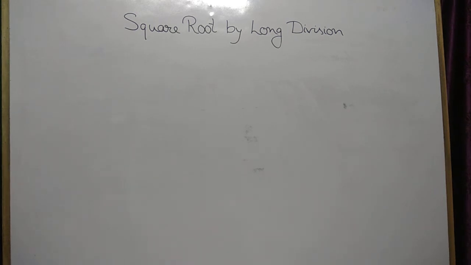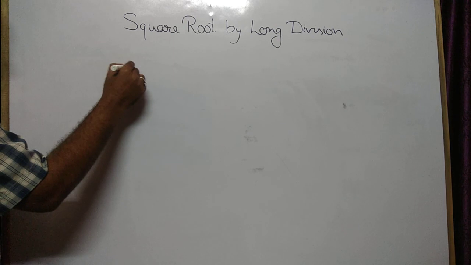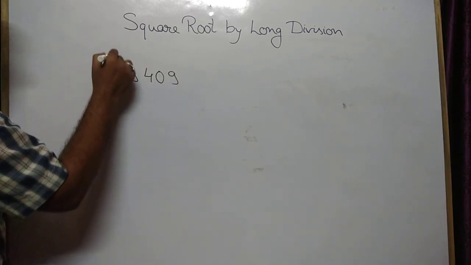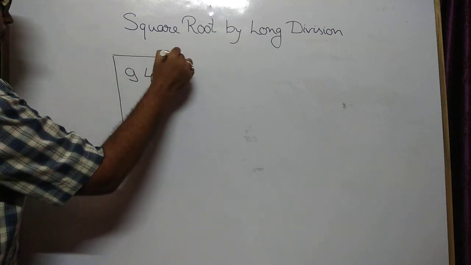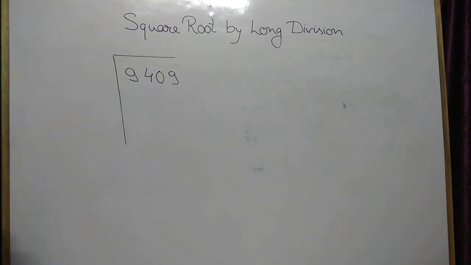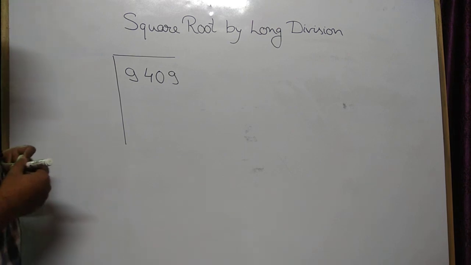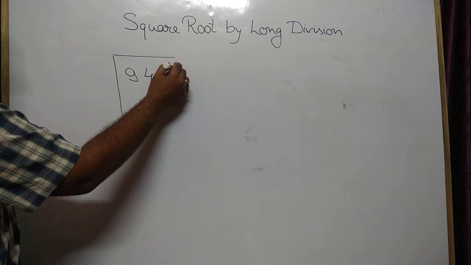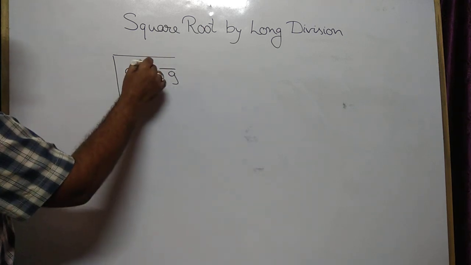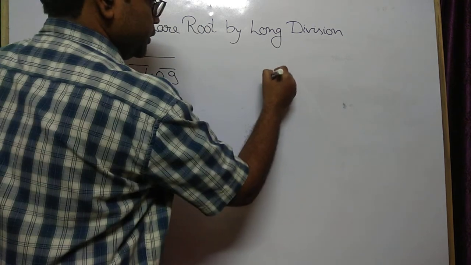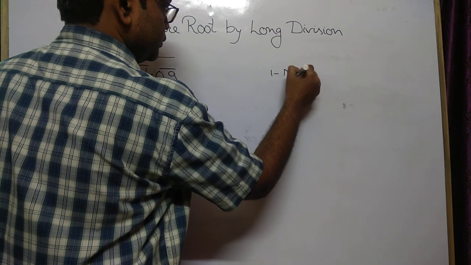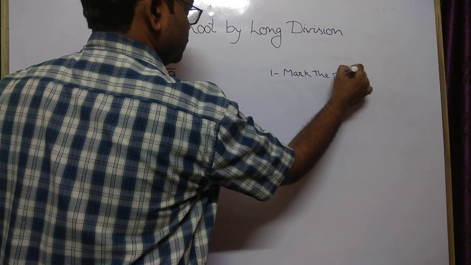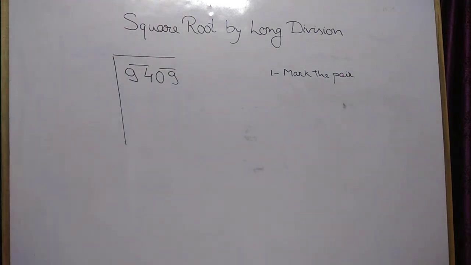Now we are solving one more question, 9409. Once again, see how we find the square root by using the long division method. The very first step, we mark the pairs from the right hand side. First you mark the pairs.